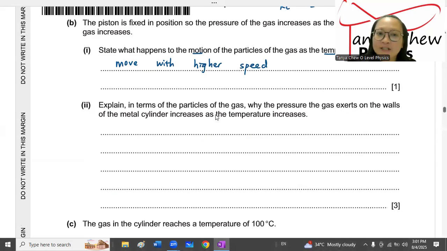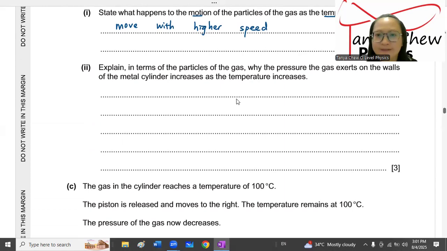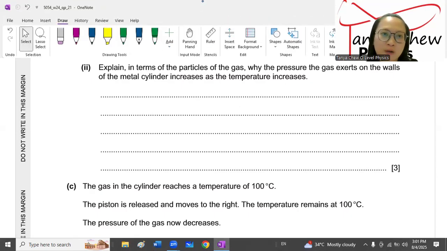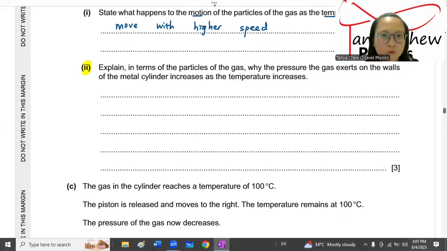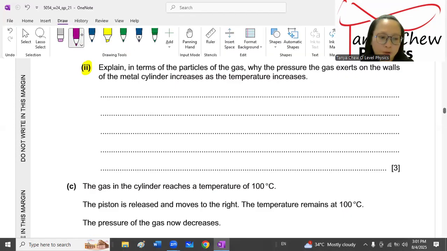Now, the second part, explain in terms of particles of gas why the pressure the gas exerts on the walls of the metal cylinder increases as the temperature increases. I want you to take special attention to this question. This type of question is super duper popular. When the temperature increases, the kinetic energy of the particles of the gas increases. That is why particles move with larger speed.